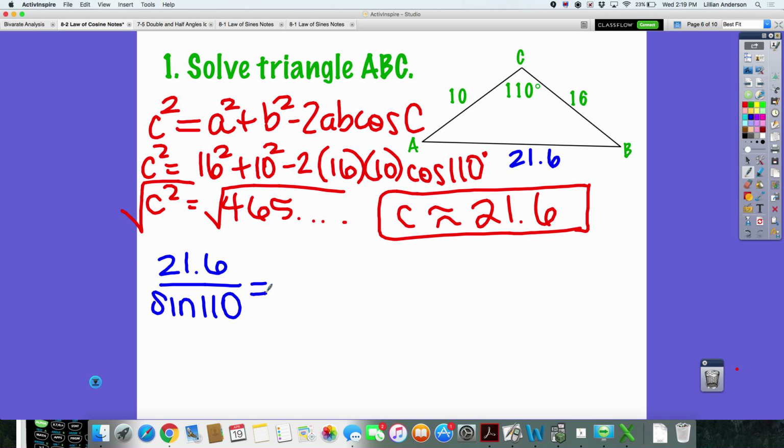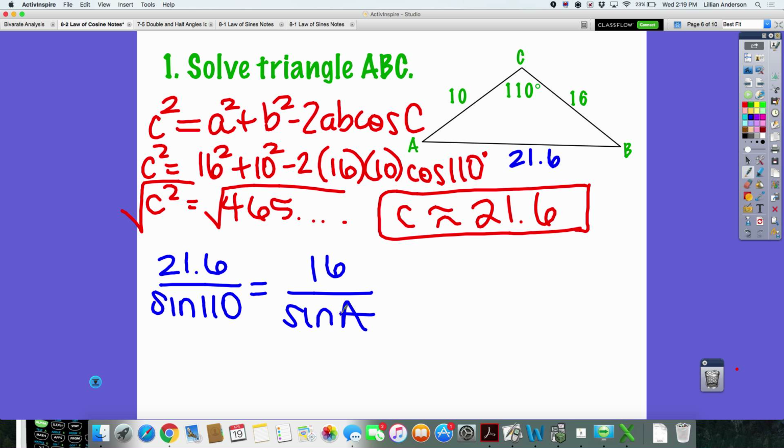Equals, which angle do you want to find? 16. Let's find A first, okay? So it's going to be what on top? 16 over sine A. Whenever I'm looking for an angle, I'm going to have to do what? Inverse. So after I cross multiply and start dividing, I'm going to take the inverse at the very last step.